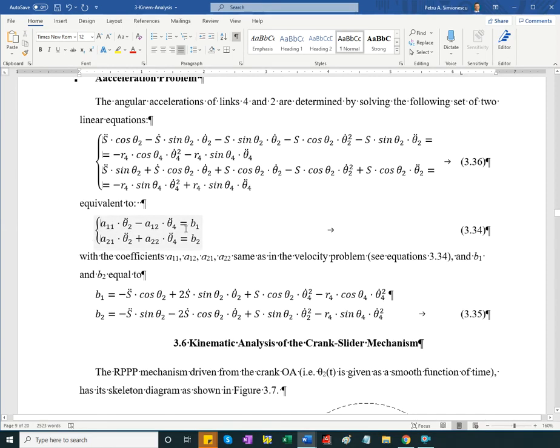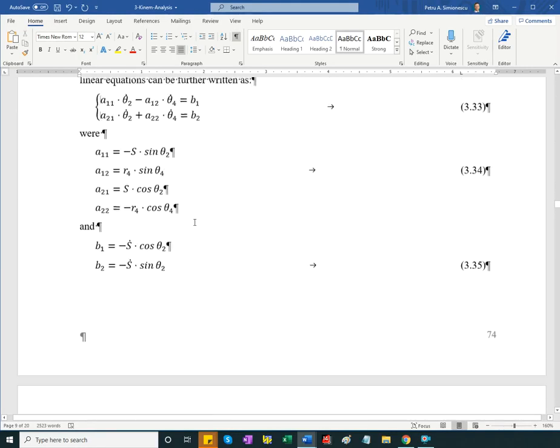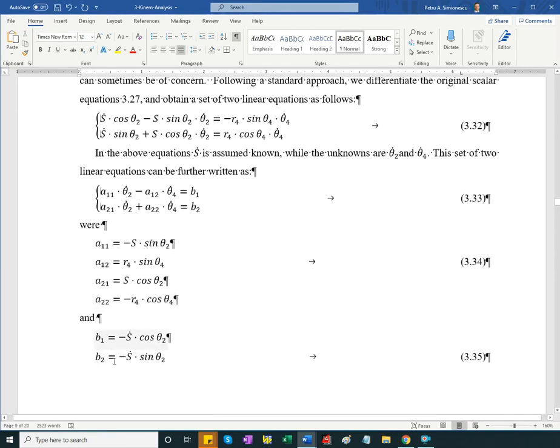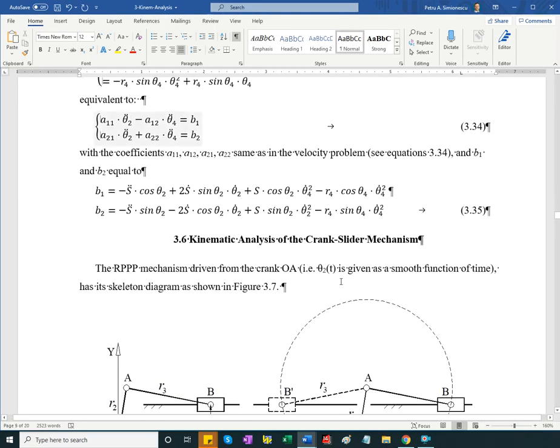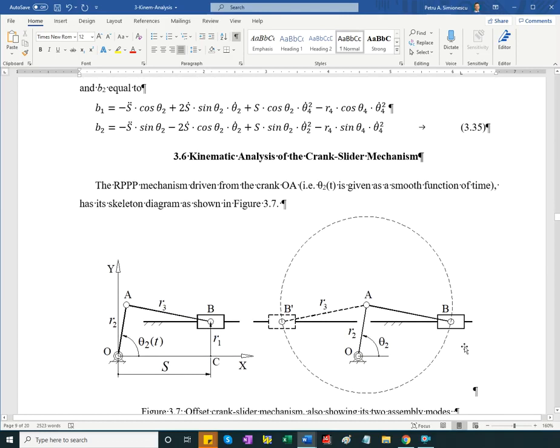We get a set of two linear equations, two unknowns, theta 2 double dot, theta 4 double dot. Only B1 and B2 are different over the velocity problem, and this is it. Slider crank mechanism. I'm sure you recognize it. This is, although in a vertical orientation punching down, the punch press mechanism for your project.